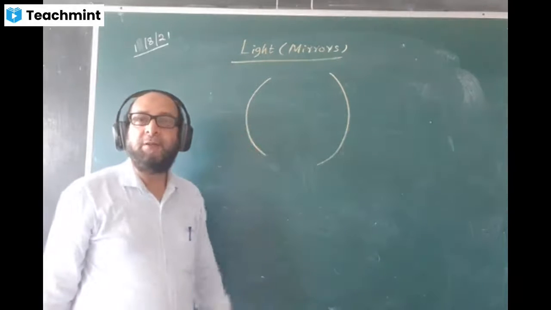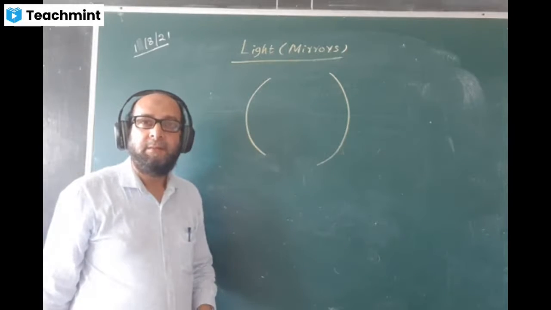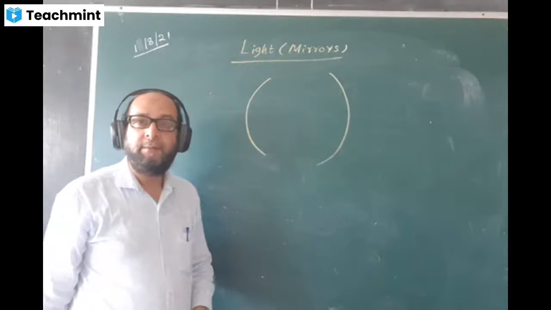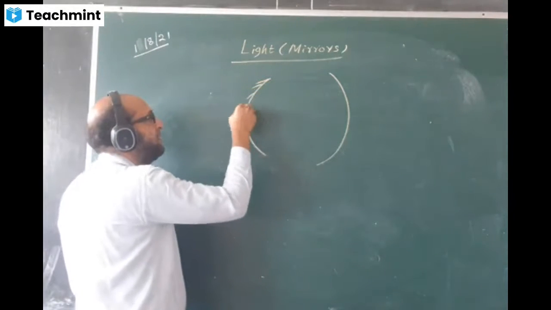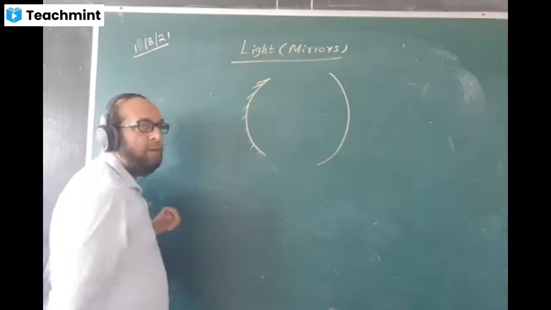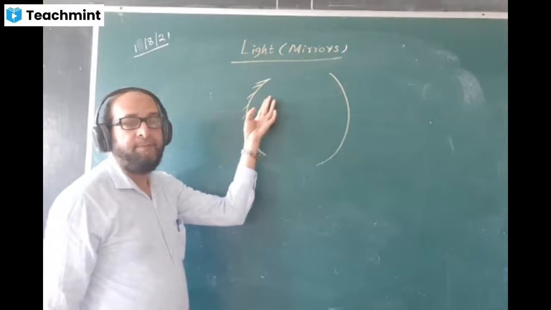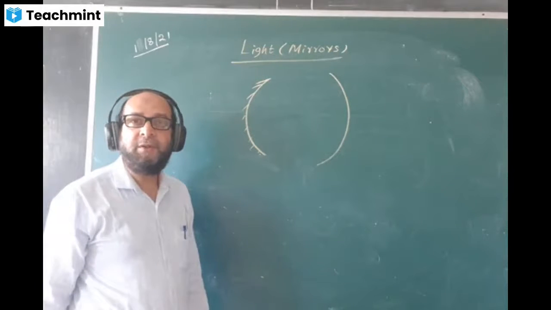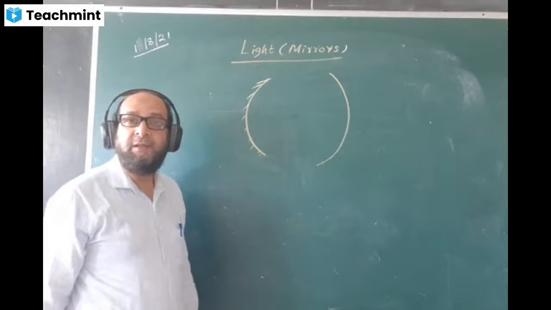Now we polish it. Unless we polish it, it will not become a mirror. Whichever surface you polish, the other side of that surface will receive light.